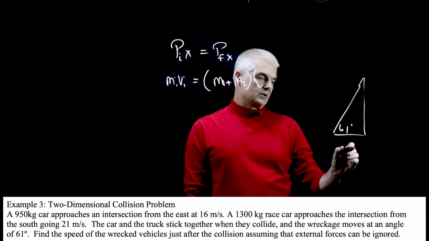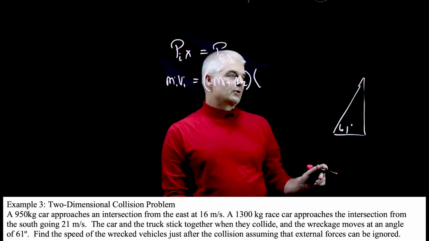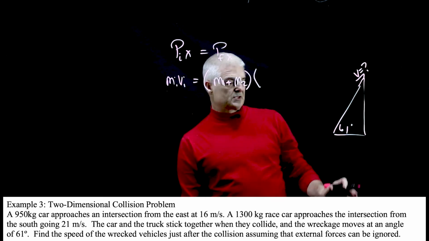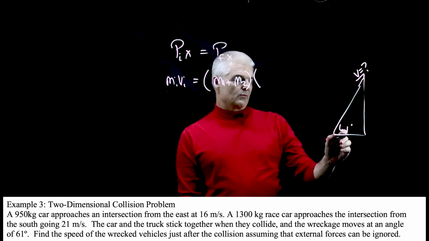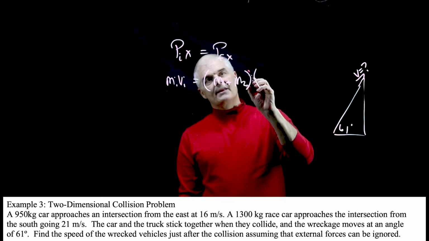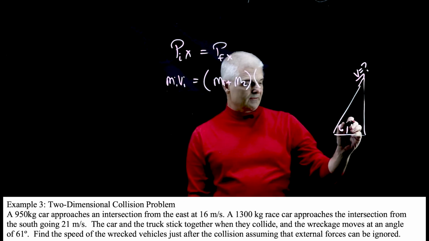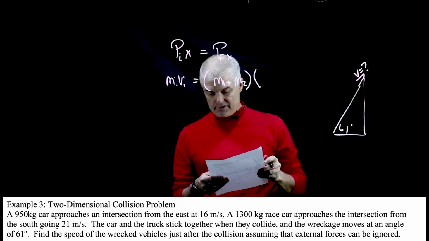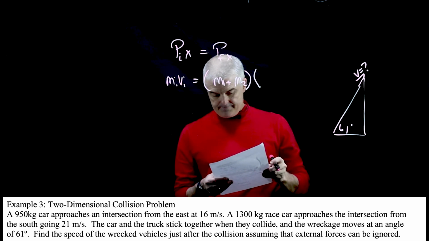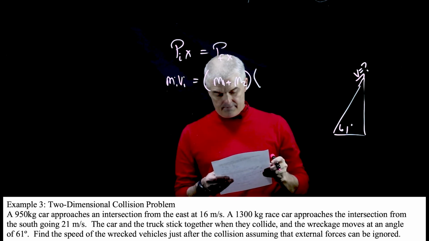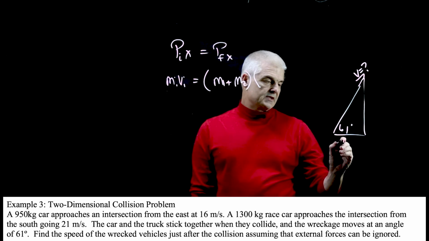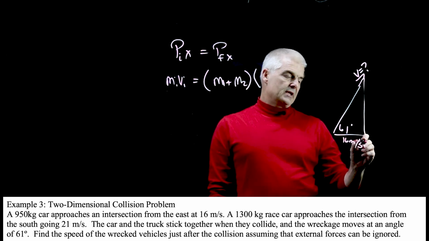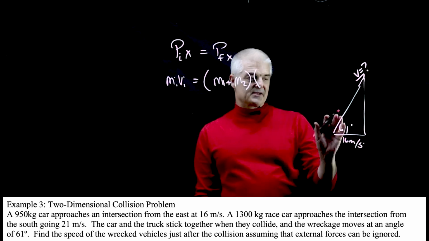So we've got a little SOHCAHTOA stuff to be done. What we want to do is figure out what their final velocity equals off at the 61-degree angle. We know the x number is, this is 16 meters per second initially, and you can't just do it with 16 meters per second, the masses are going to play a role.